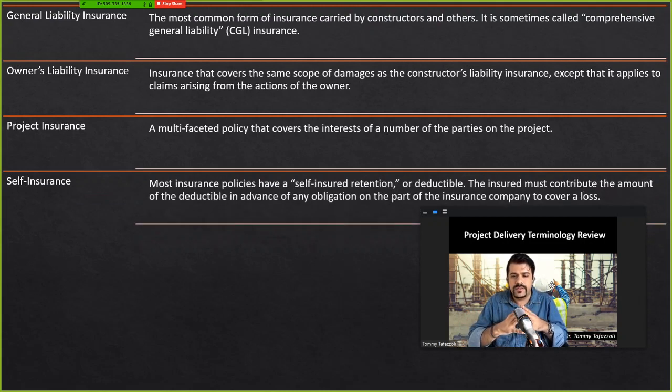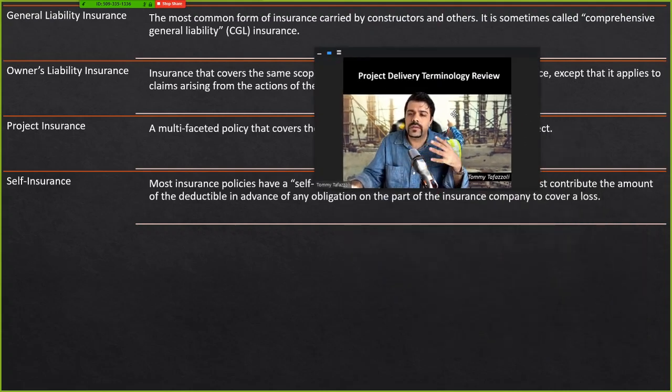It is self-insurance retention or deductible, the amount of the deductible in advance of any obligation on the part of the insurance company to cover a loss. Okay, it means you set some money aside for the deductible part of the insurance, and we call this self-insurance.